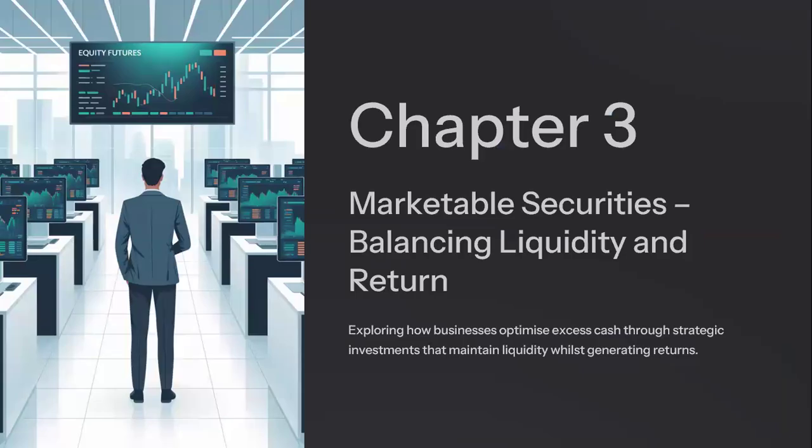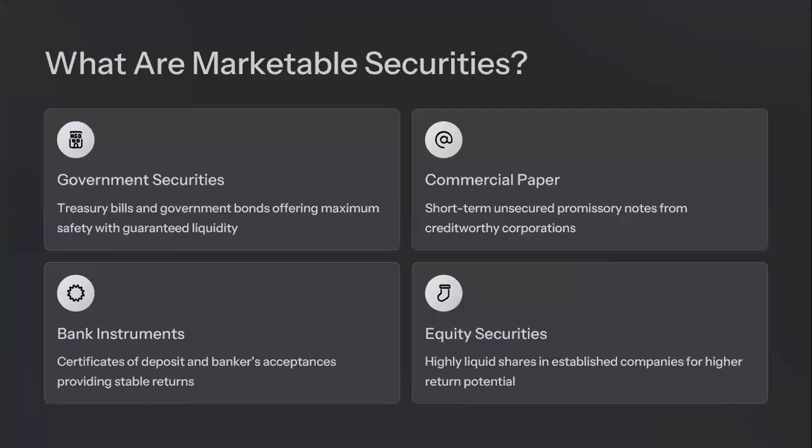Now, how can I use marketable securities for balancing liquidity and return? The marketable securities are of three types: secured, unsecured, and aggressive. I can take the decision about investment in all the securities based on my needs.